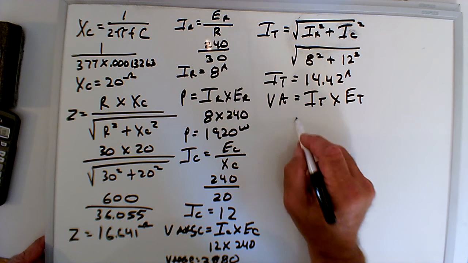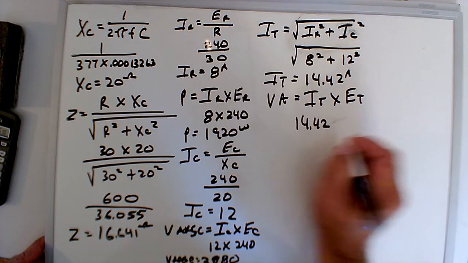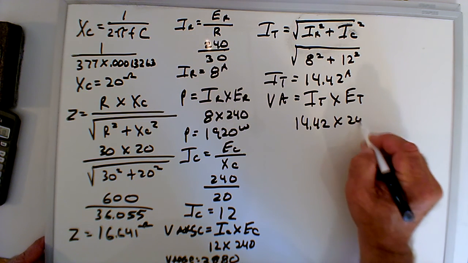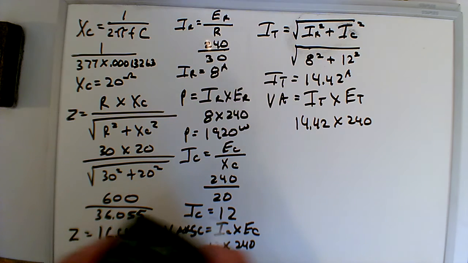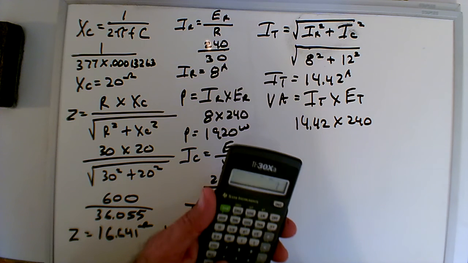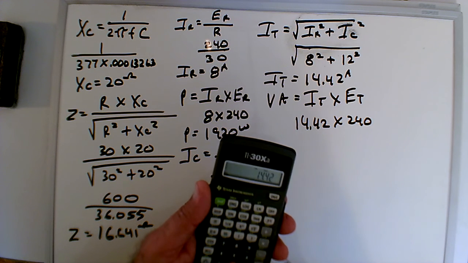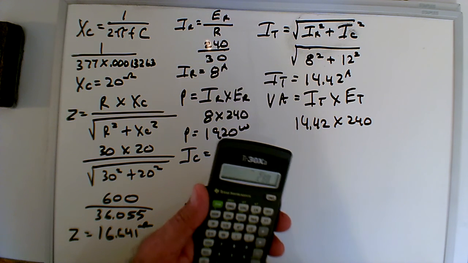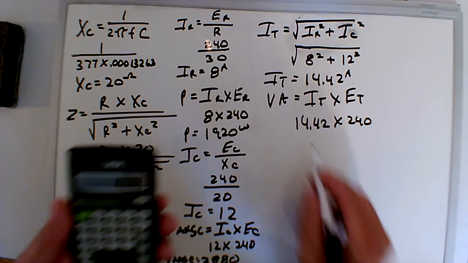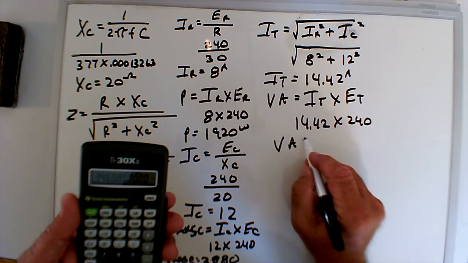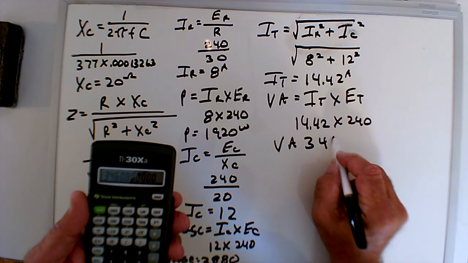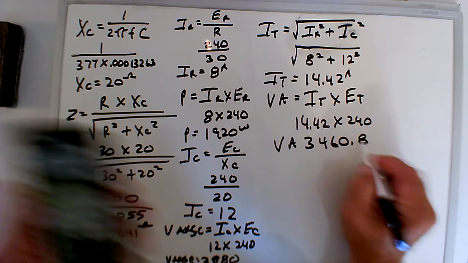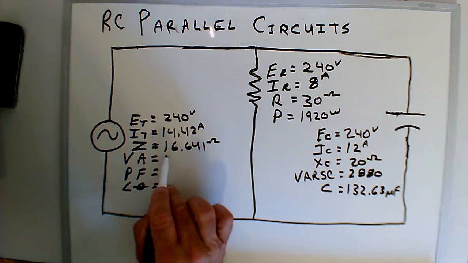In this case, IT is 14.42 amps times 240 volts. See what that comes out to. The VA for this circuit is 3,460.8 volts amps, or apparent power.